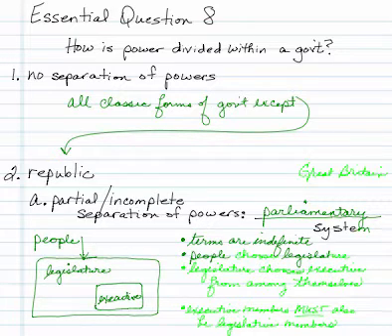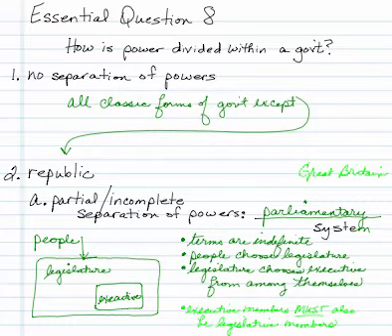People choose the legislature. The general population chooses the legislature. And the legislature chooses the executive from among themselves.